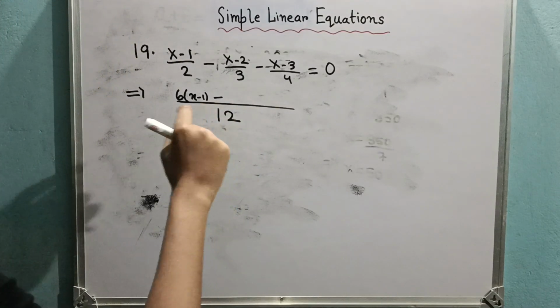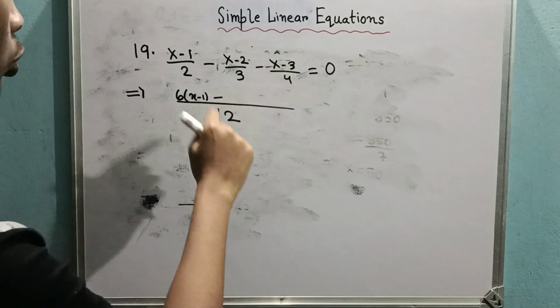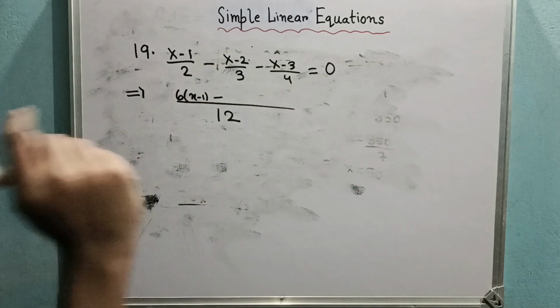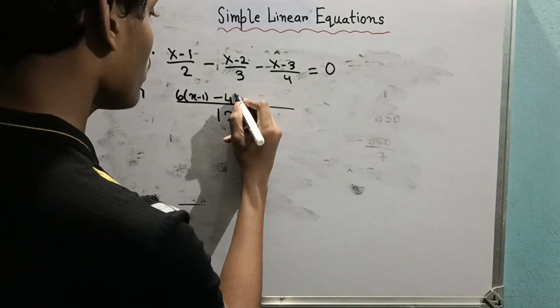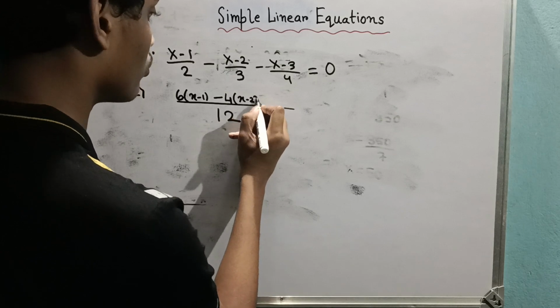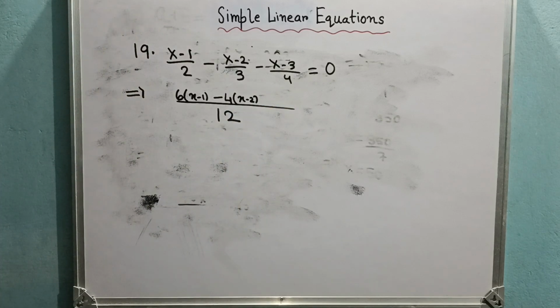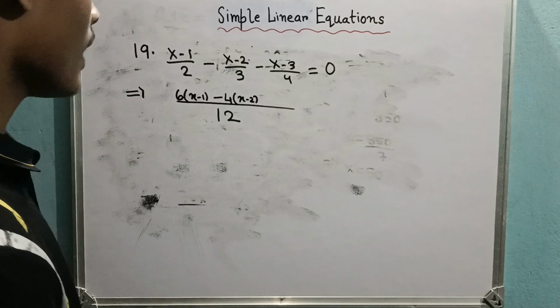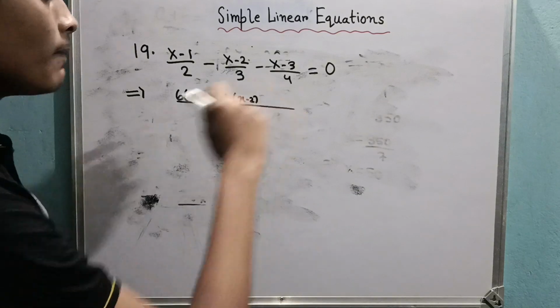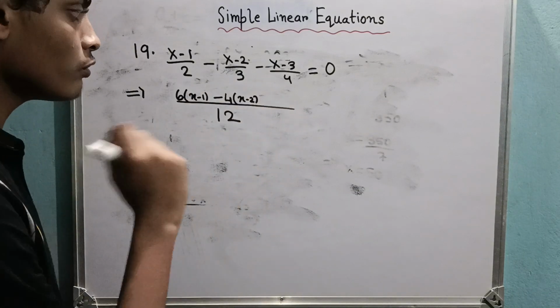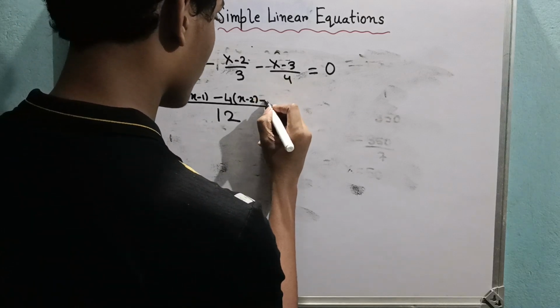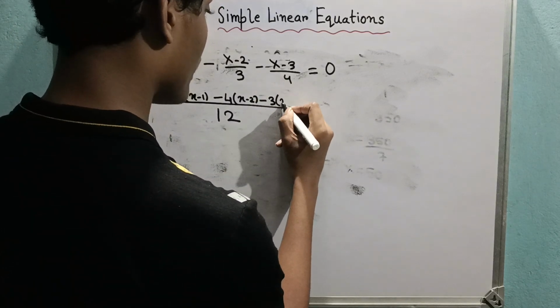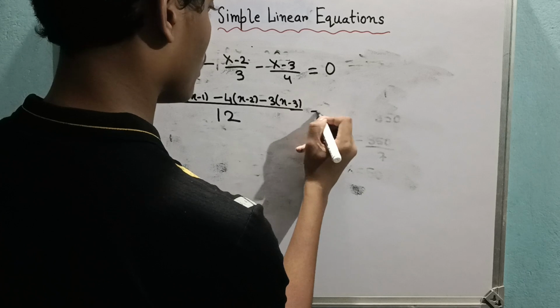Keep this minus sign. This is very important. Now 12 divided by 3, that will be equal to 4. So minus 4 into x minus 2. And here 12 divided by 4, that will be equal to 3. Here minus sign is this. So minus 3 into x minus 3 equal to 0.